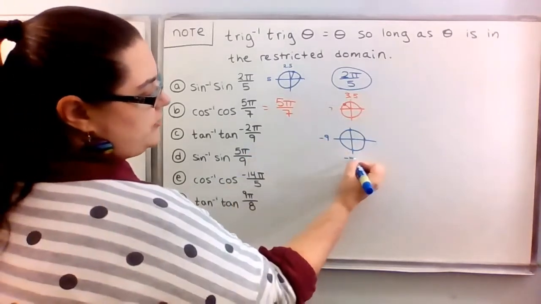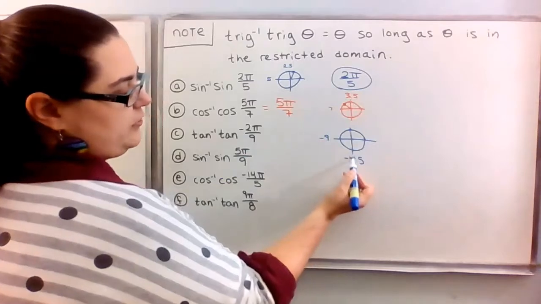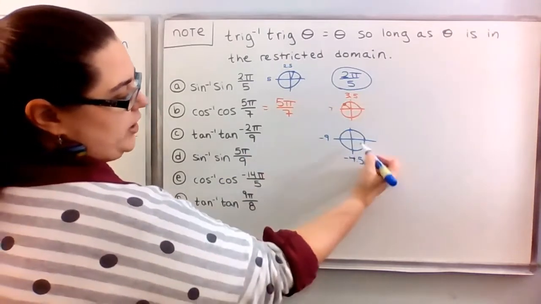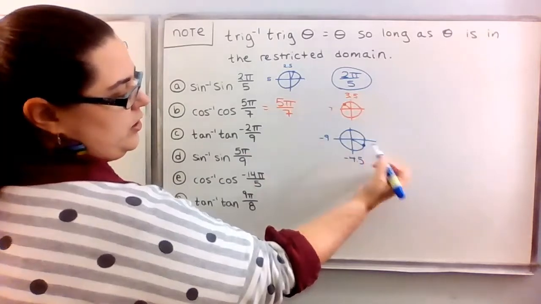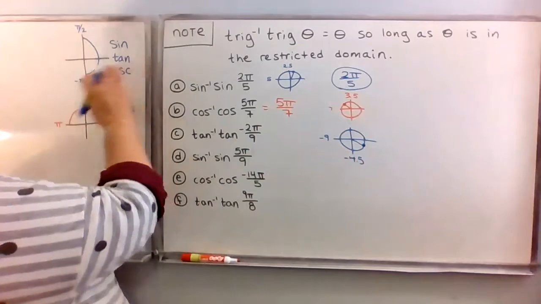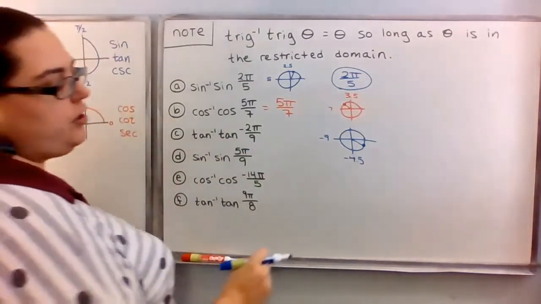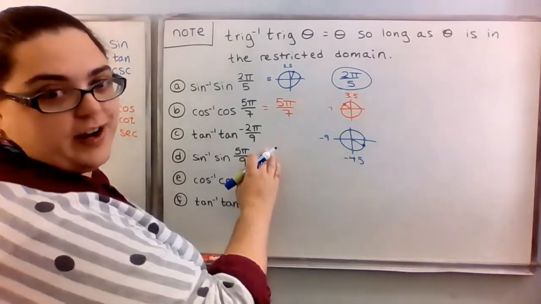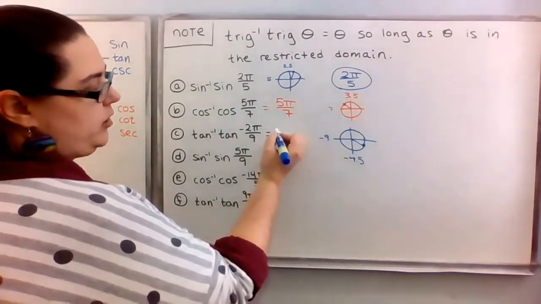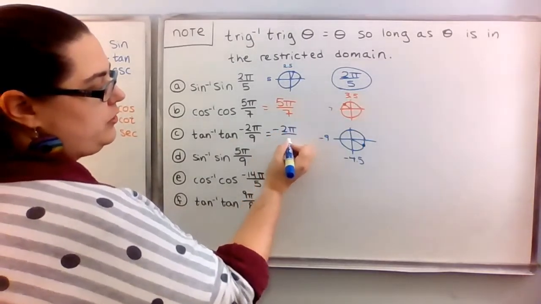Half of 9 is 4.5, so here we have negative 4.5. Negative 2 is certainly before negative 4.5, so we're living over here. Tangent lands us in the east. Because this is negative 2 pi over 9, it's between negative pi halves and positive pi halves. So it works. We get negative 2 pi over 9.